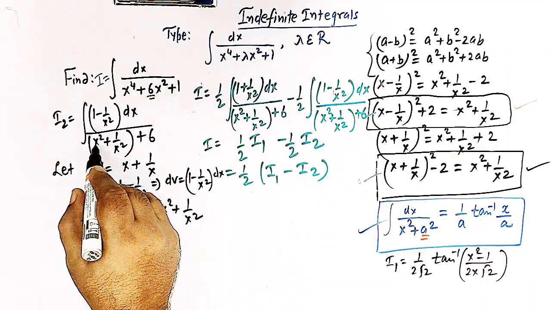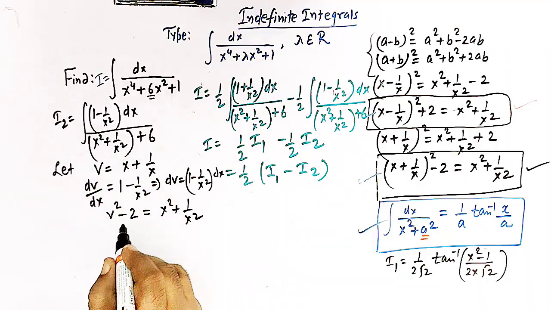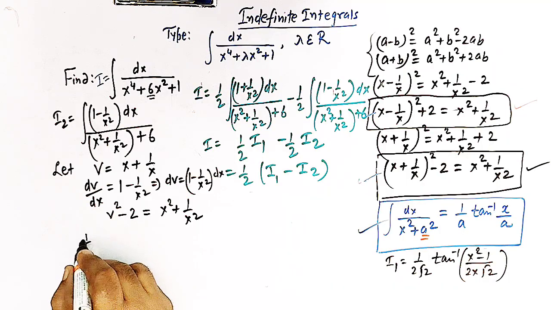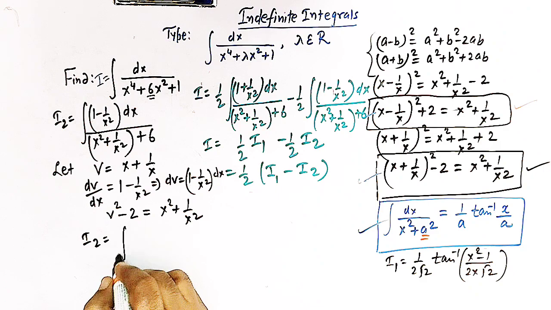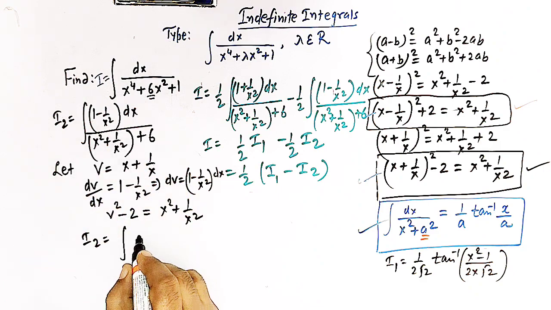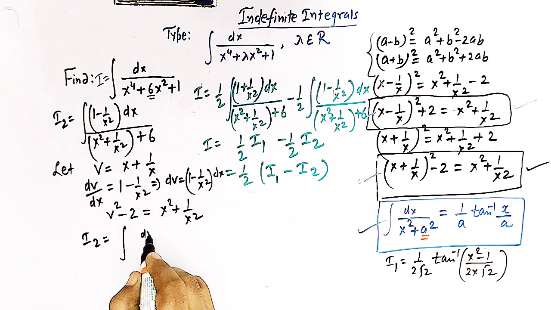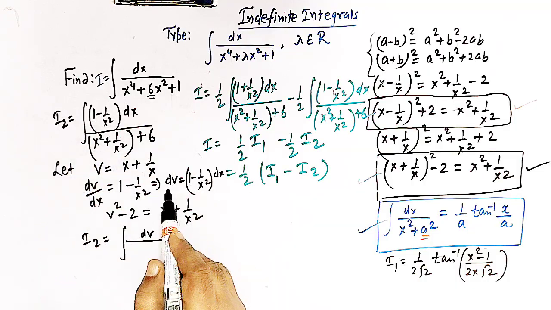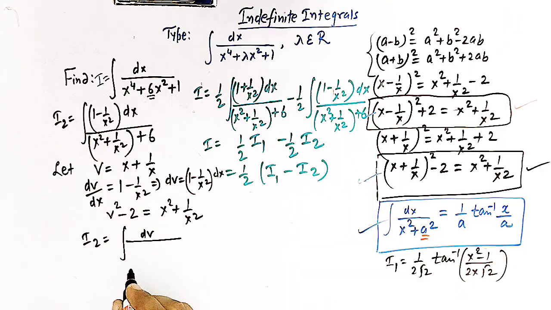So in this case, x square plus 1 over x square can be replaced by v square minus 2. So now I2 takes the form in terms of v, as here we have dv simply for 1 minus 1 over x square dx, and in the denominator we can write v square minus 2 plus 6.